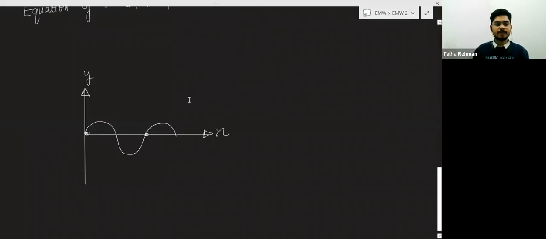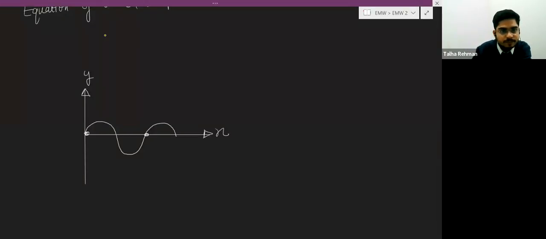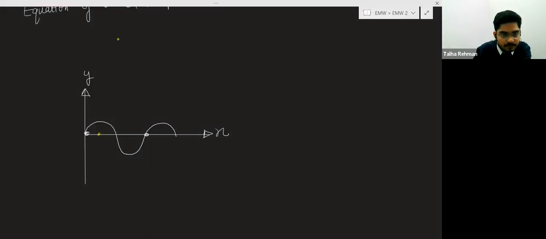In this wave, there are different particles. Suppose one particle is here, and this particle at this time is moving in the upward direction, and here is another particle. This particle is going in the downward direction, and this particle is moving in the upward direction.